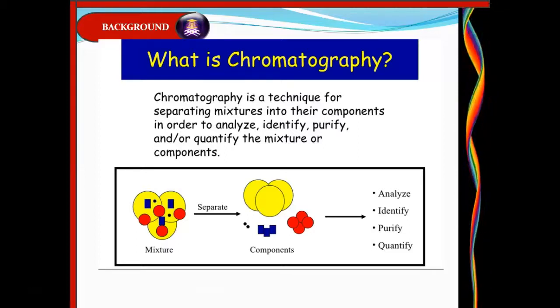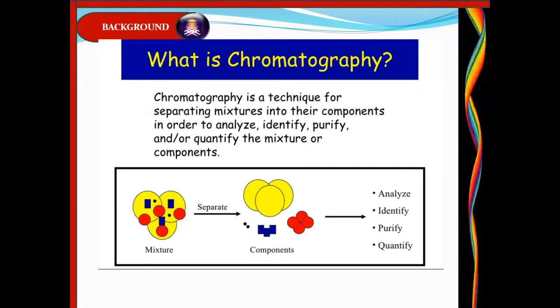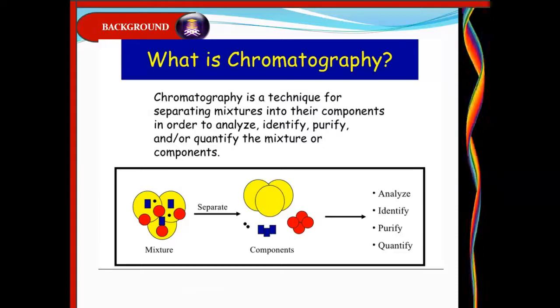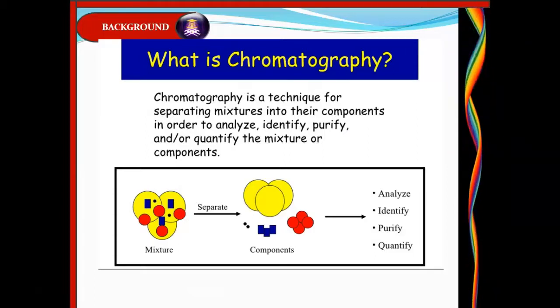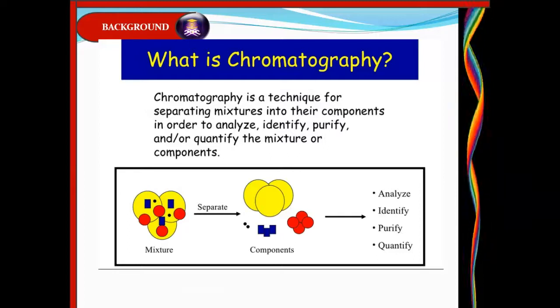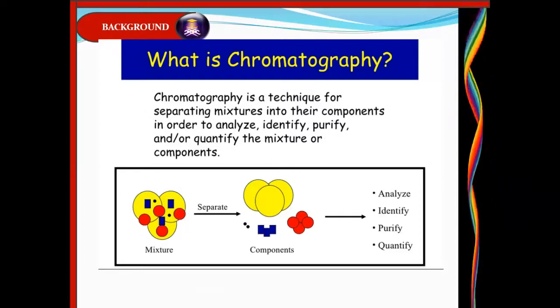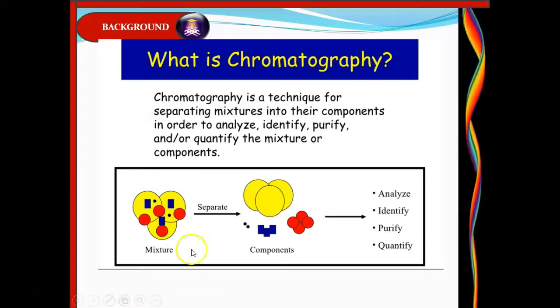Paper chromatography is one of the methods we use to analyze simple compounds such as dyes. Dye means the ink, for example, the ink we use in our pen color, pencil color. If we separate the color, the pigment, we will see how many compounds the dye actually contains. Look at this diagram.